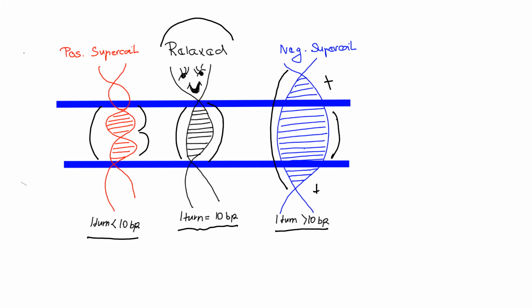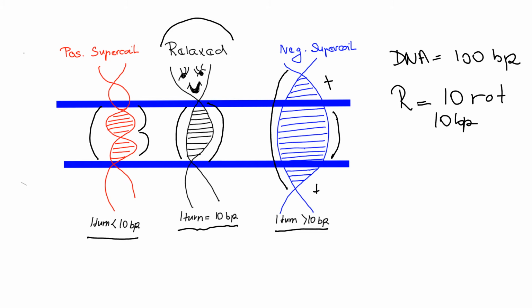Let's do some examples. Let's say you have a DNA which has 100 base pairs to make it easy. So what would relaxed DNA be? Relaxed DNA would have 10 rotations, because in relaxed DNA there are approximately 10 base pairs per rotation. What about negatively supercoiled?